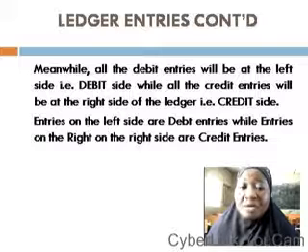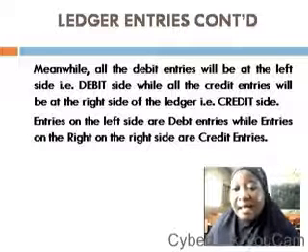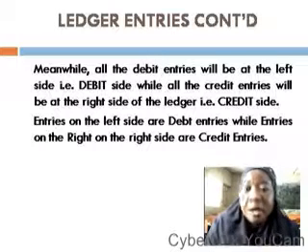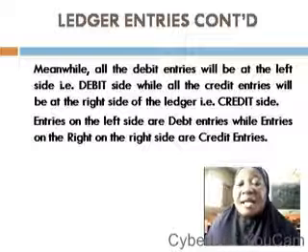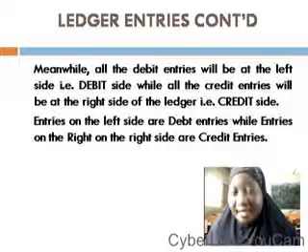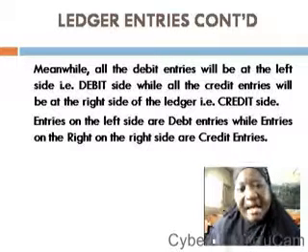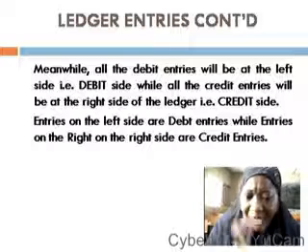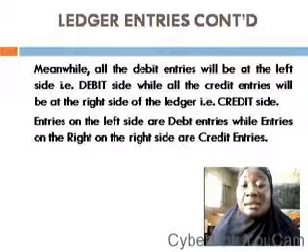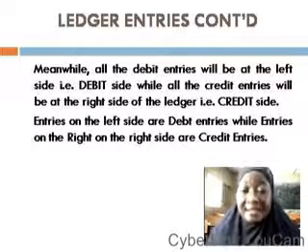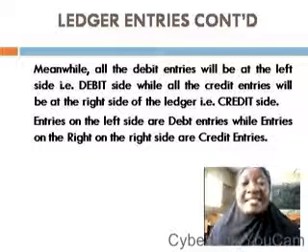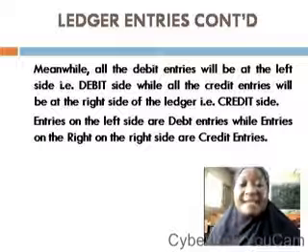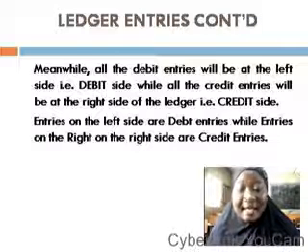Meanwhile, all the debit entries will be at the left side, that is debit side, while all the credit entries will be at the right side of the ledger. When you are preparing ledger accounts, all transactions that are debit should be at the debit side. That means it should be at the left side of your ledger account.